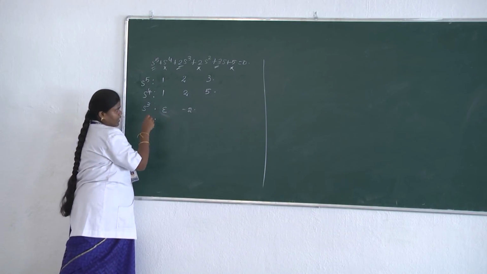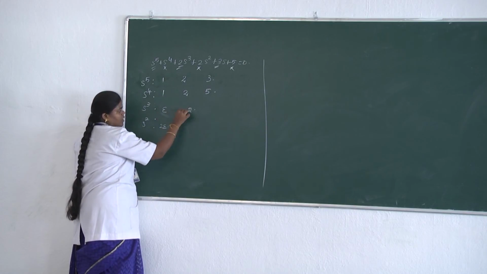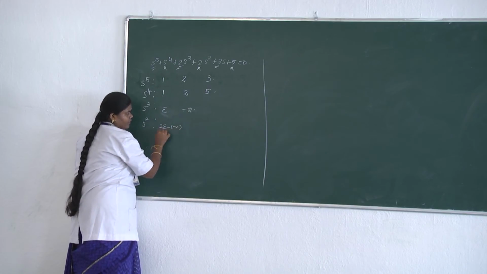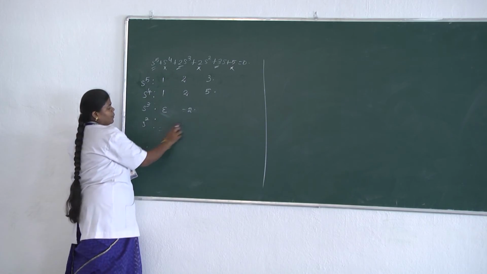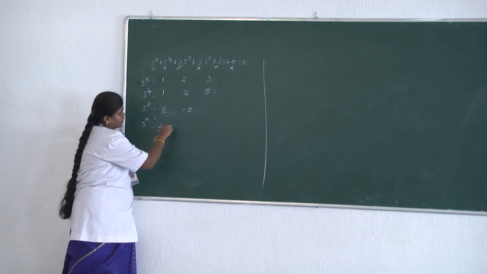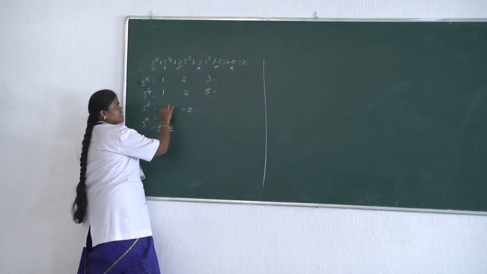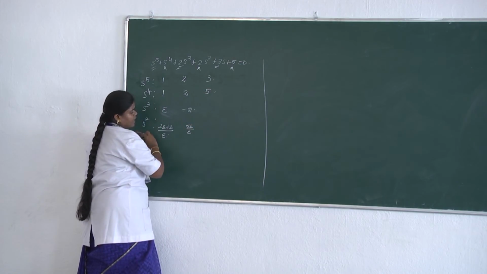So s square, for the next row, will be 2 epsilon minus of minus 2 divided by epsilon, which is 2 epsilon plus 2 by epsilon. And the next element is epsilon into 5 divided by epsilon, which gives 5.